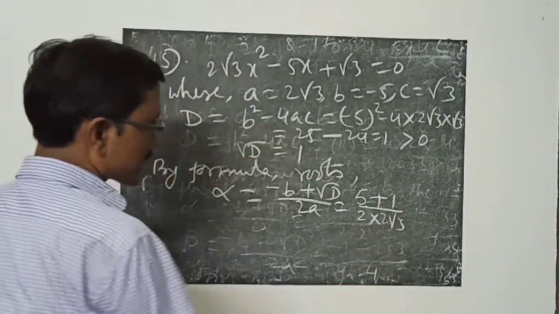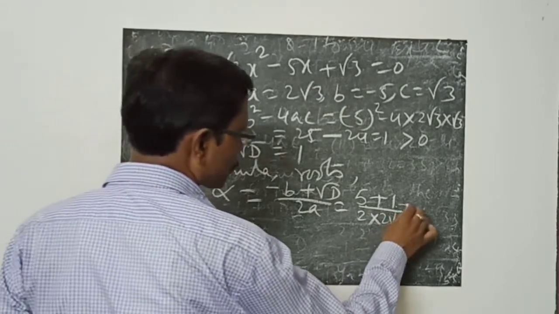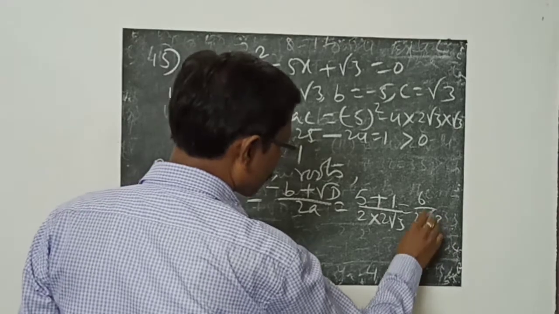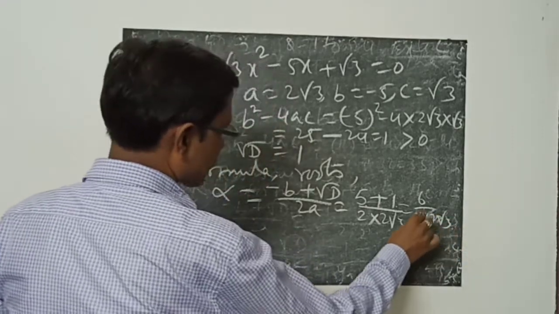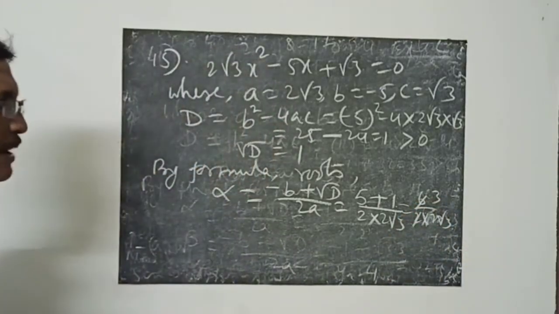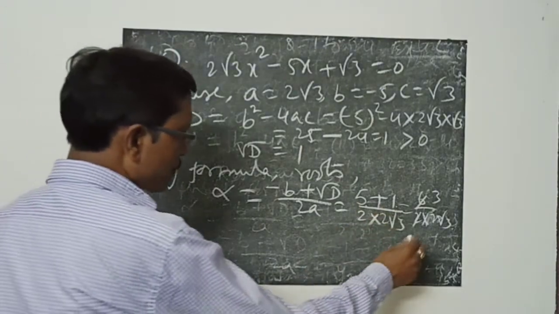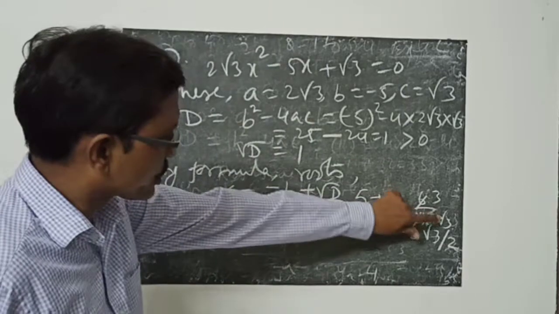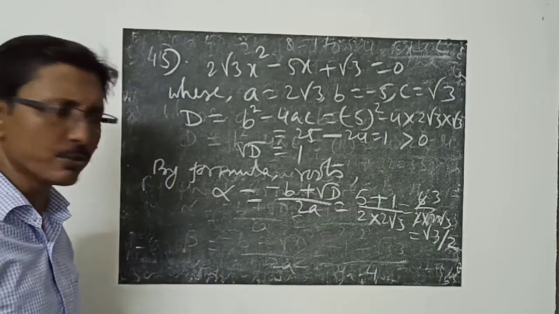So what is it coming? 6 by 2 into 2 root 3. If you cancel, 3 by 2 root 3, or with more simplification, it will be root 3 by 2.